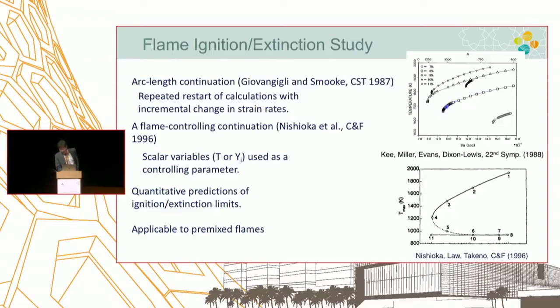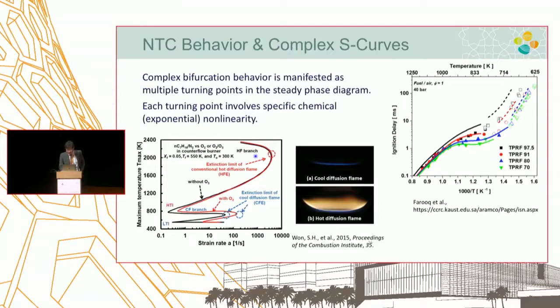So it's not trivial to turn it over to reproduce the actual turning point behavior. There are two methods to do that. One is called arc length continuation. The other one is flame controlling continuation. In the interest of time, I'm not going to dwell on the detailed discussion here, but there are methods available to do that.